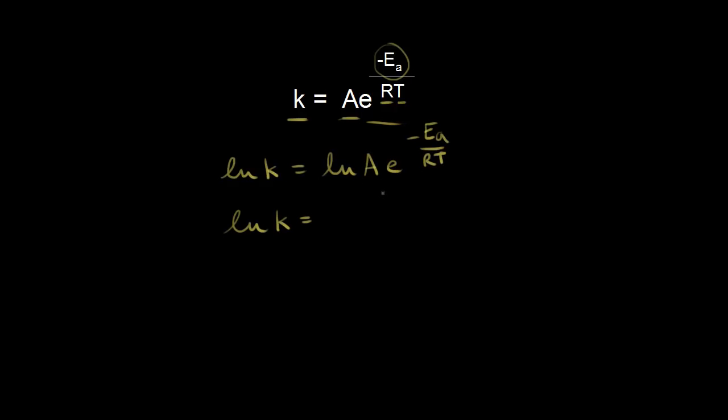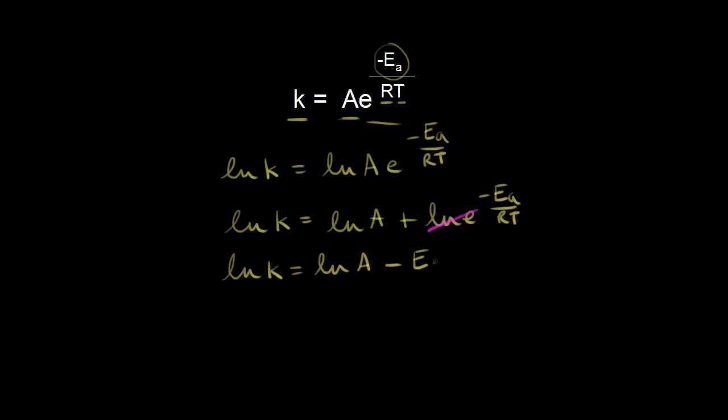The natural log of A times e to the negative EA over RT is equal to the natural log of A plus the natural log of e to the negative EA over RT. And the natural log of e to the negative EA over RT would just be equal to negative EA over RT. So we can write that in here. The natural log of the rate constant k is equal to the natural log of A minus EA over RT.